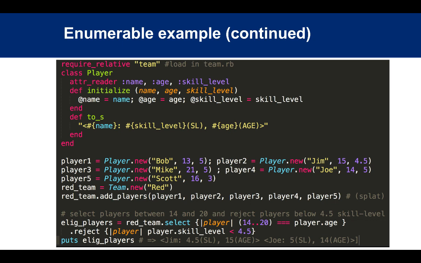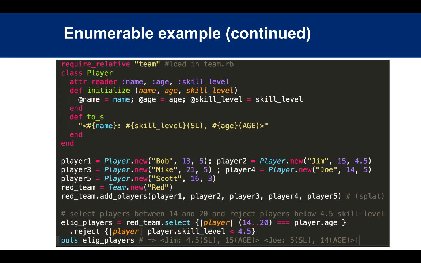So you could do red team select and pass in a block, because that's the behavior of the select method in the enumerable module. You pass in a block with a player to check if a player is a certain age. So you select only these players, and then you reject players that are below a certain skill level, and you have your eligible players. So all of a sudden you got yourself a bunch of players from that team that you are interested in.